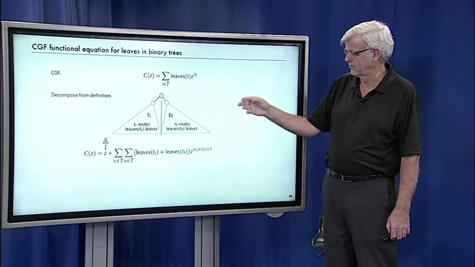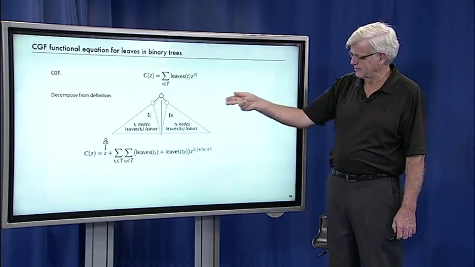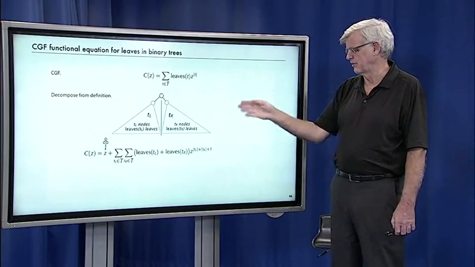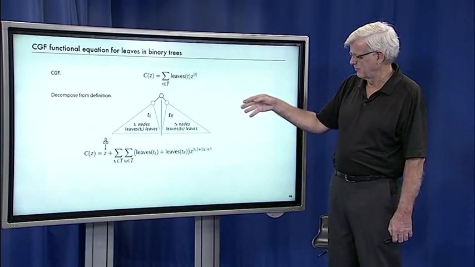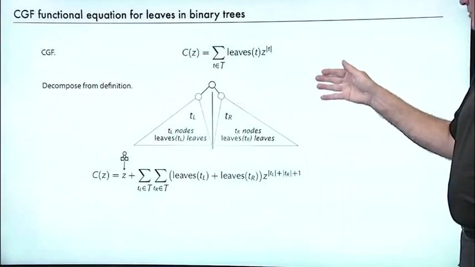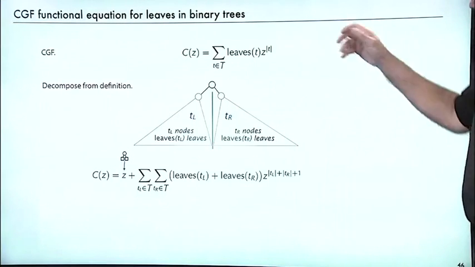So there's the tree that is just a leaf. That accounts for the z term. And then for all the other trees, there's a left and a right. So that's T sub L nodes on the left, T sub R nodes on the right.